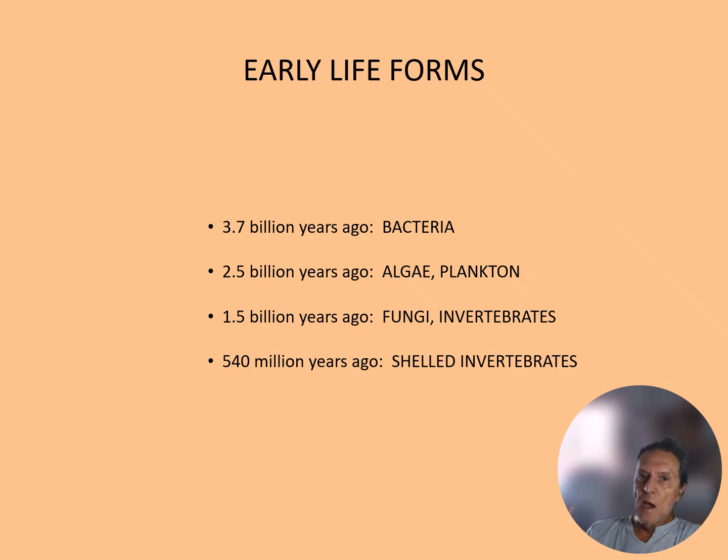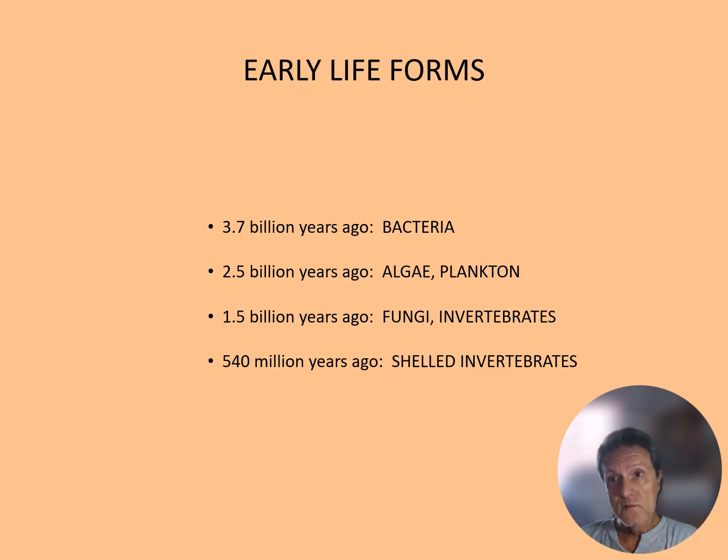So let's go back in time to the early Earth. When did life first appear, according to what we found in the fossil record? We have found fossils of bacteria as old as 3.7 billion years, one-cell creatures.